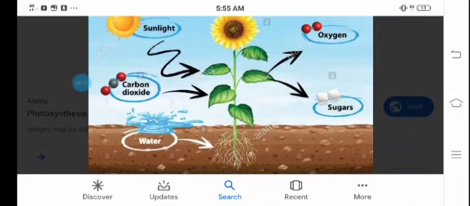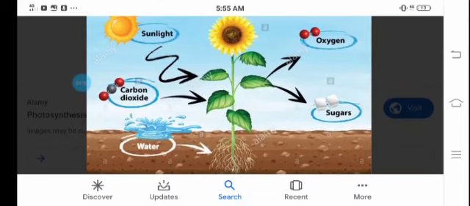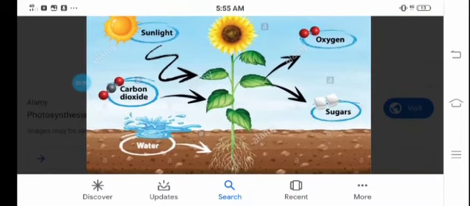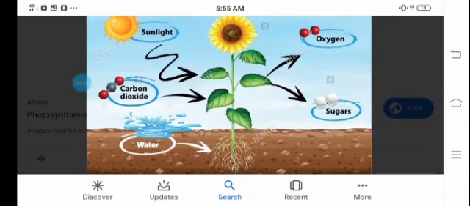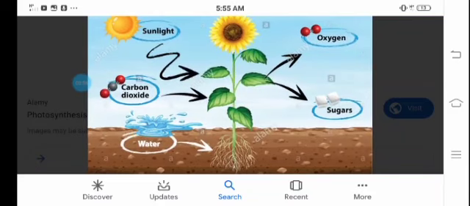Through these holes or pores, carbon dioxide is taken in. Sunlight is also absorbed through these pores.